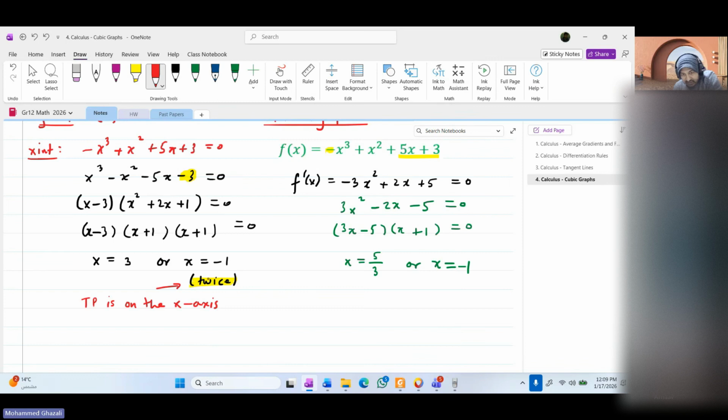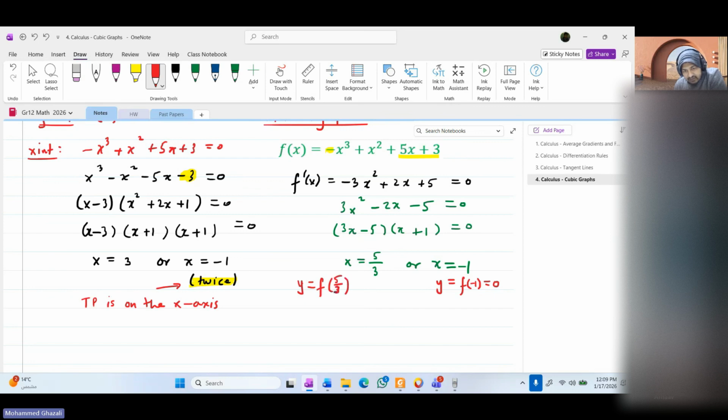And that's the whole idea of writing this out. So y is equal to f of -1 and f of -1 gives me 0. The only thing that you need to find out is what is y equals f of 5 over 3.